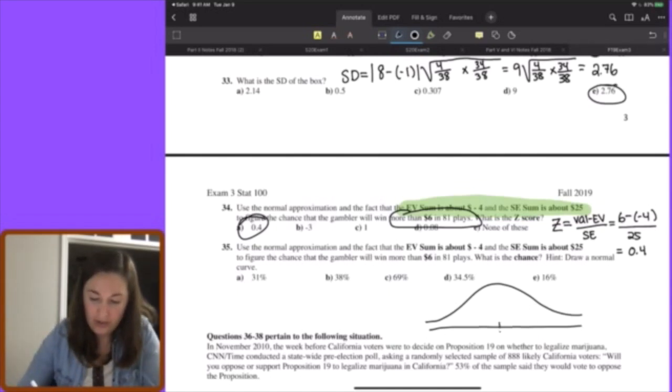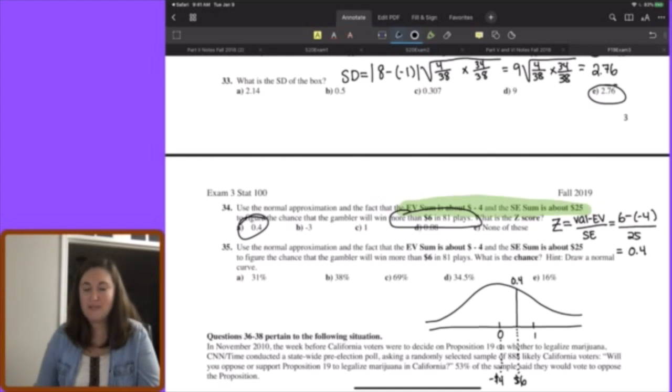So here's 0, here's 1, 0.4 is like right here, and this represents winning $6. 0, my expected value, is losing $4. So remember with z-scores, the nice thing is we're in dollars, but we can convert dollars to standard units or z-scores, and then we can use our normal curve.